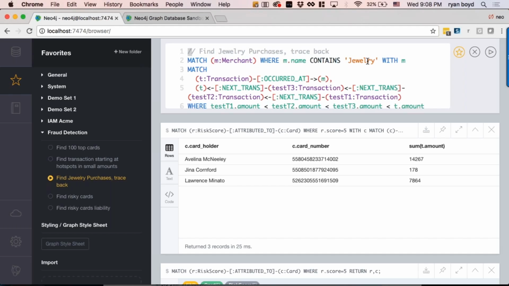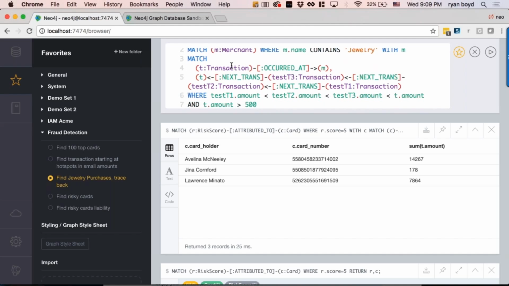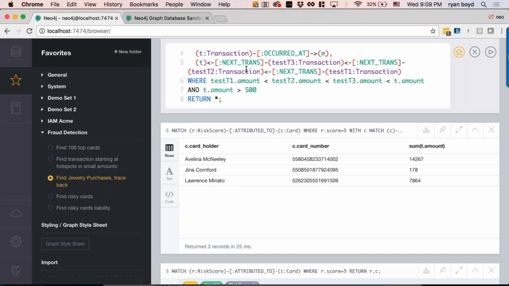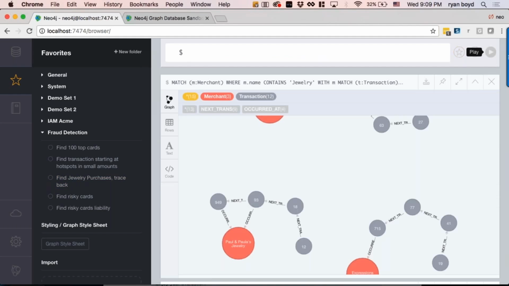Obviously, your database might have a little bit smarter thing, looking at the SIC code or the merchant category. But for now, we're just going to look at merchants whose name contained jewelry. And then we're going to find transactions that occurred at that merchant, as well as look at the previous transactions that occurred. So look at a potential test transaction 1, test transaction 2, test transaction 3 before making a purchase at the jewelry store. And we want to see that they made a purchase at that jewelry store for greater than $500.